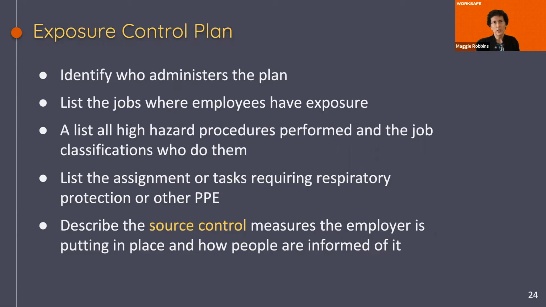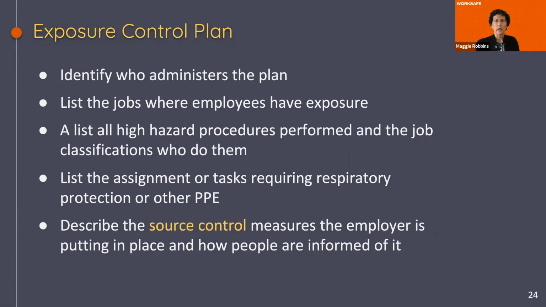So it includes things such as identifying who administers the plan, that is, who's responsible for making sure that it actually is carried out. Lists which jobs have the exposure, lists which procedures they do that might cause them exposure, list the assignments or tasks for which you might require respiratory protective equipment or other types of personal protective equipment, or PPE.